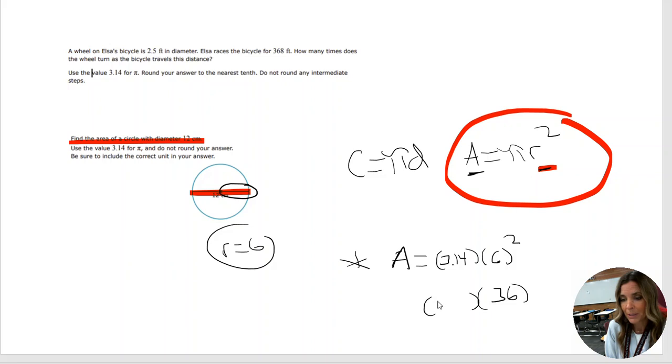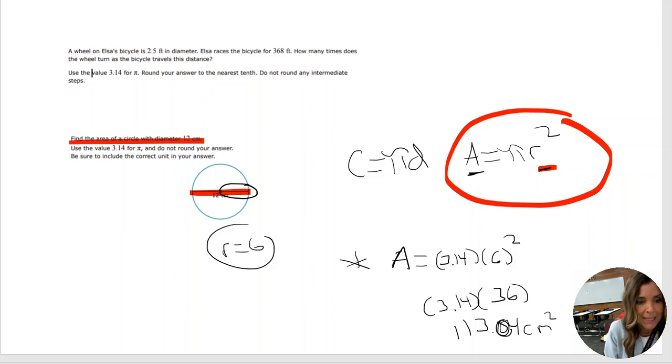Then we multiply that by 3.14. When I do 36 times 3.14, I get 113.04. And with area, we have to do the units squared, so we're going to say centimeters squared.